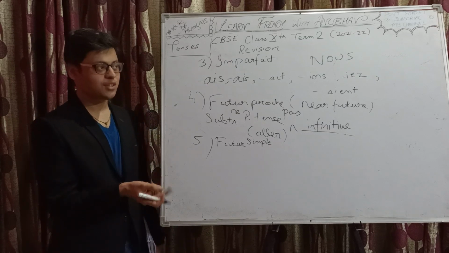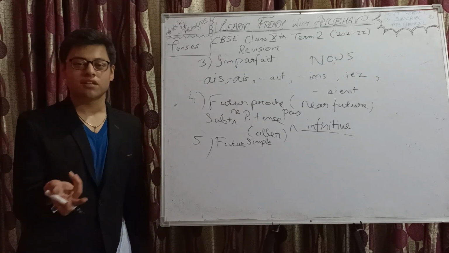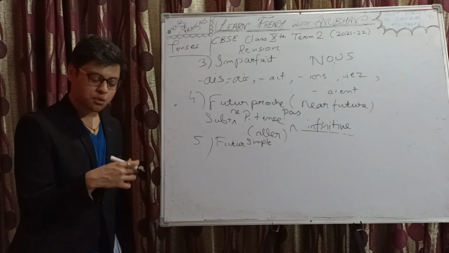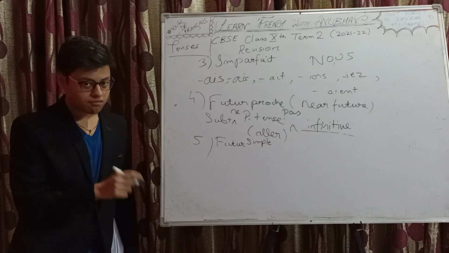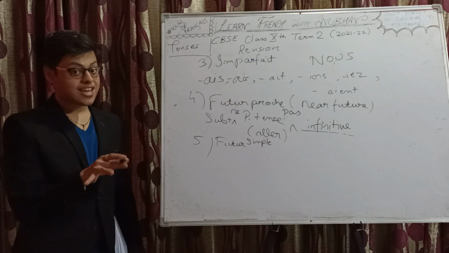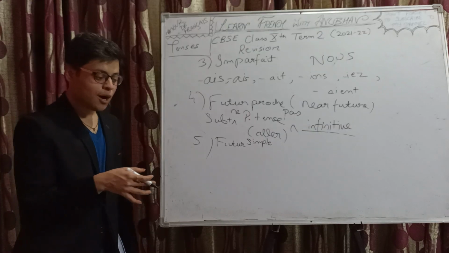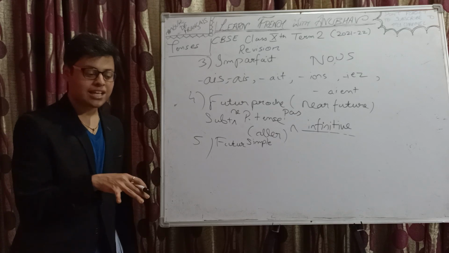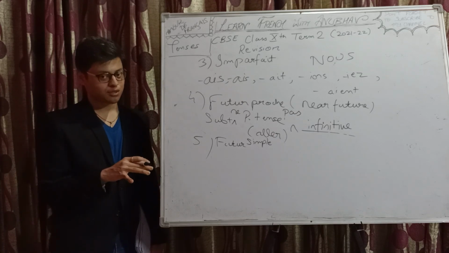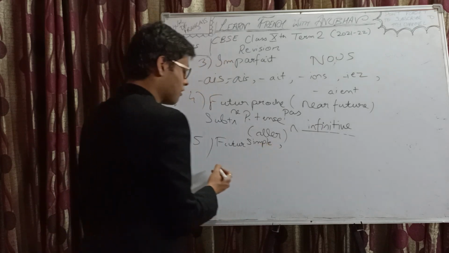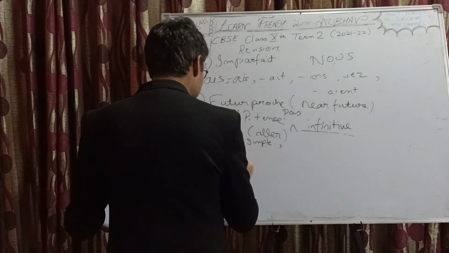So again, you need to watch the video. For er ending verbs, it's just the infinitive. For ir ending verbs, again, it's the infinitive. For regular re ending verbs, you remove the last e and then add the endings. So there are a few rules for every verb, but then there are many exceptions as well, and for those you need to watch the video. Futur simple, simple future. What are the endings?